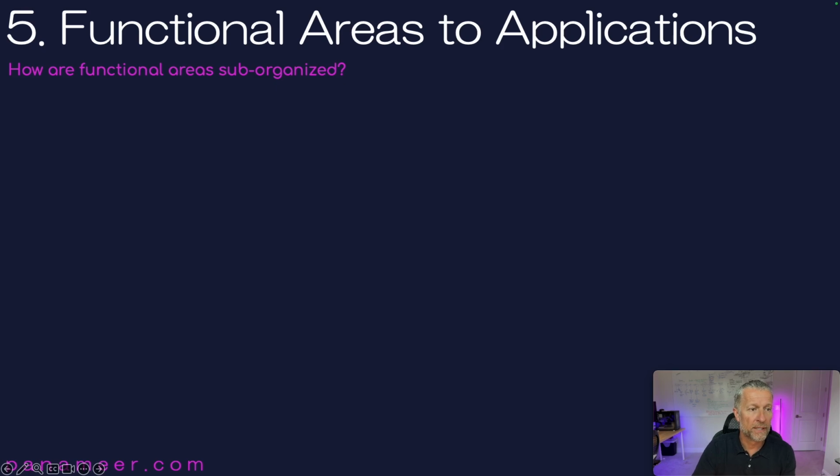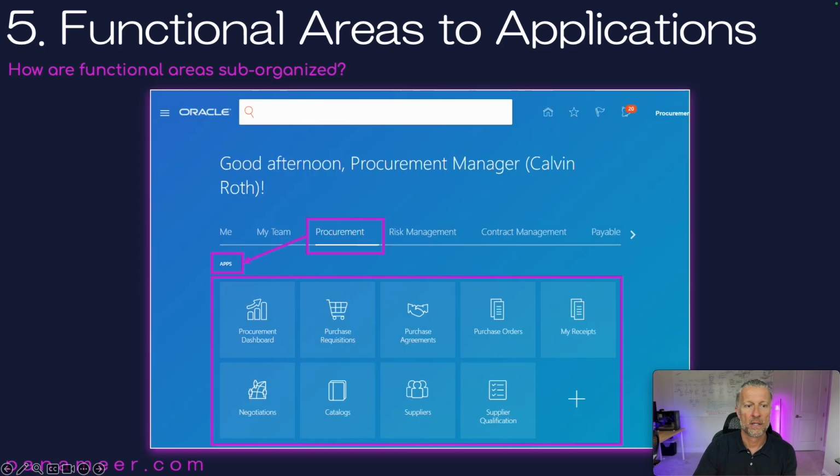Okay, slide 5. How are those functional areas suborganized? I kind of alluded to this just a minute ago. You can see here when we talk about the procurement functional area, under ERP, and to be honest with you, when you look at all of Oracle Cloud, there's a little bit of variation. HCM has a client group and lots of applications in it.